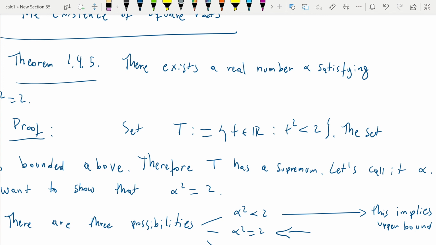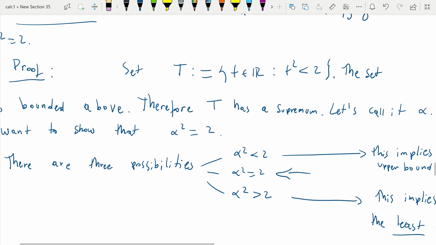If x is equal to 0, then of course 0 satisfies that 0 squared is equal to 0. But if the number x is positive, then this set will be non-empty, and so we'll have a least upper bound.